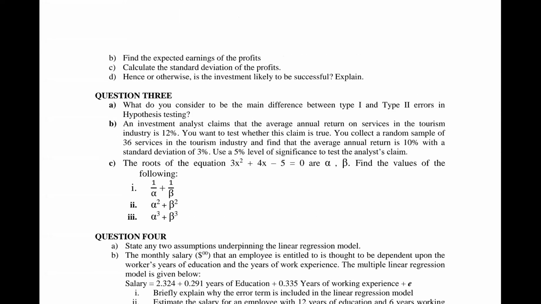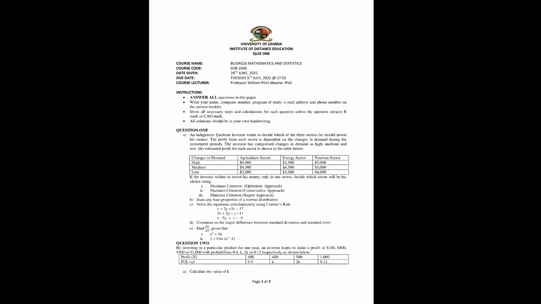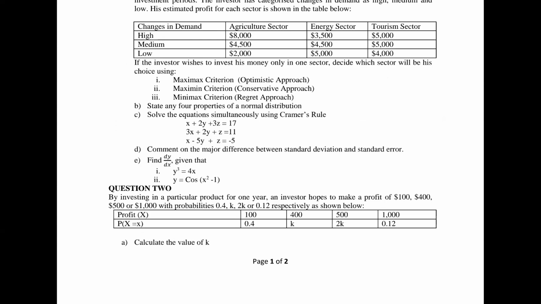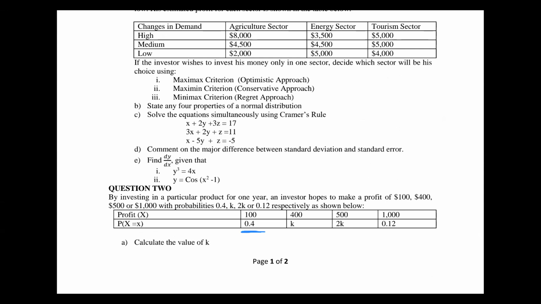Okay, look here. Find the expected value. To find the expected value, you just multiply this probability times the profit. We have calculated the value of K already to be 0.16. How did we get it?